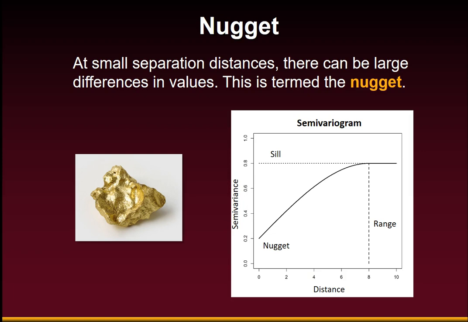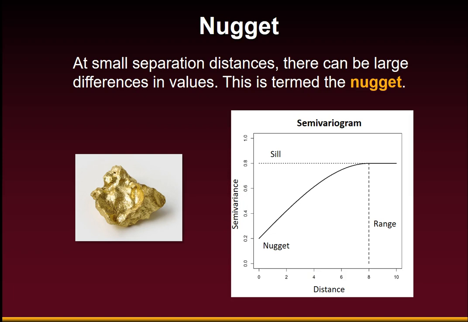The nugget is the term used for the phenomenon where at small separation distances, there can still be large differences in values. This term was coined based on gold nuggets. So you can think if you are drilling for gold, you can drill one sample in one location and have no traces of gold.